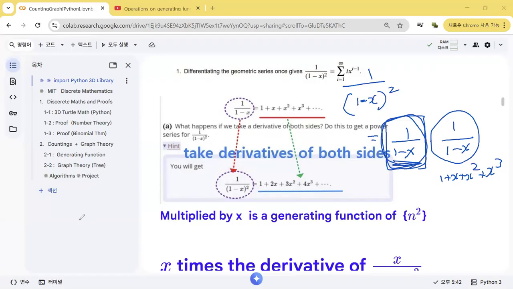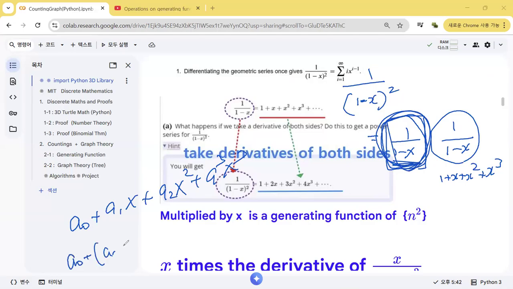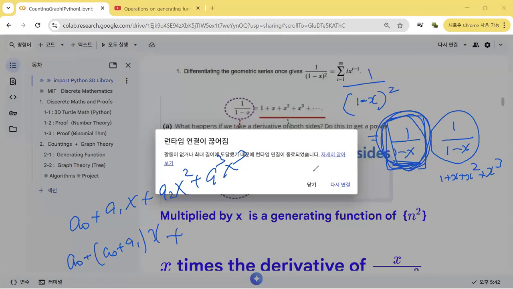So a0 plus a1x plus a2x squared plus a3x cubed, okay? By multiplying this one, then you get a0 plus, sorry, what happened?